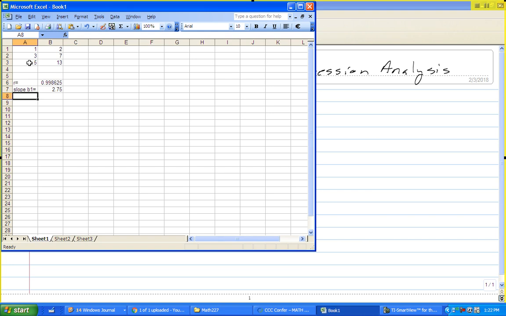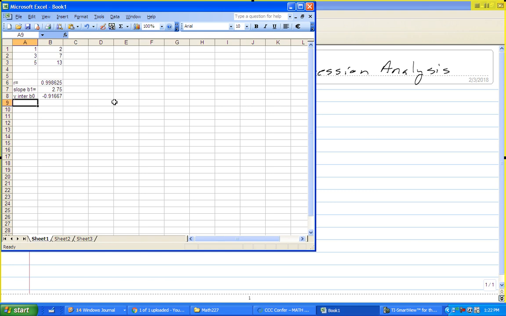And then your intercept, you would just say intercept of each of these. And there's your intercept. It should be close to 0.